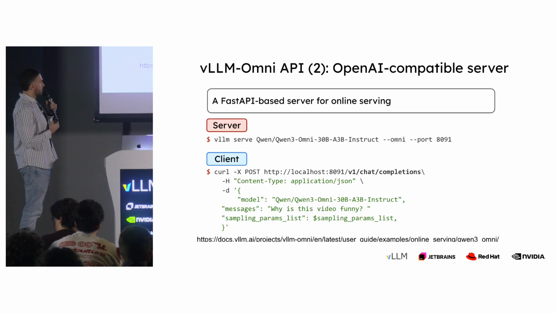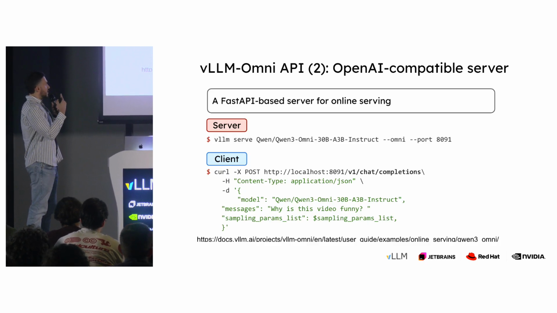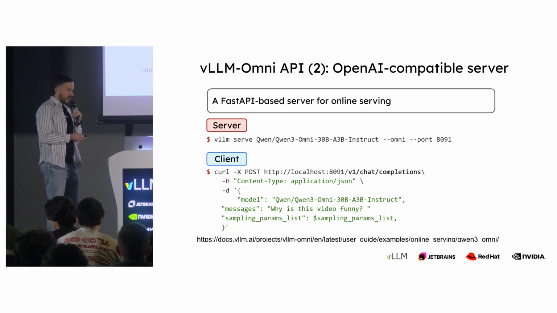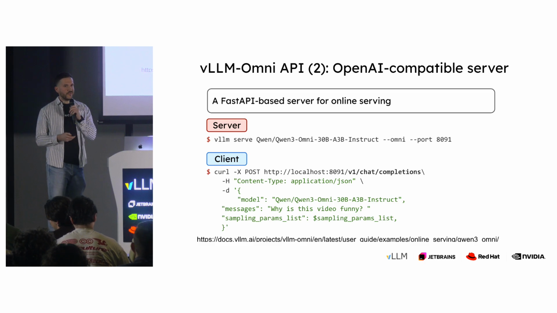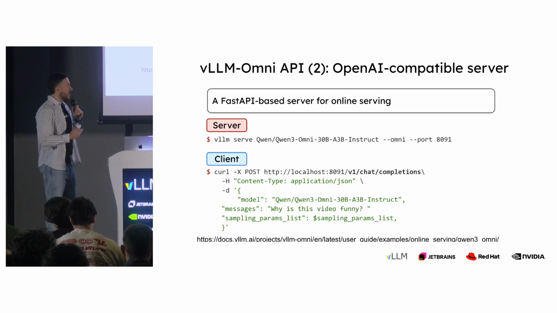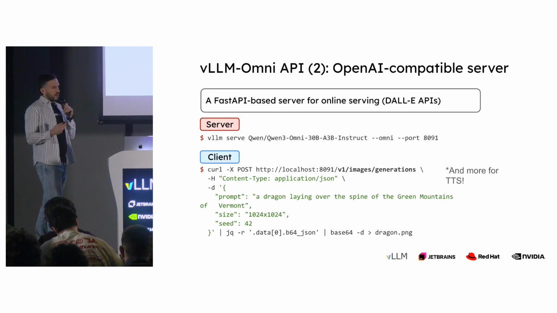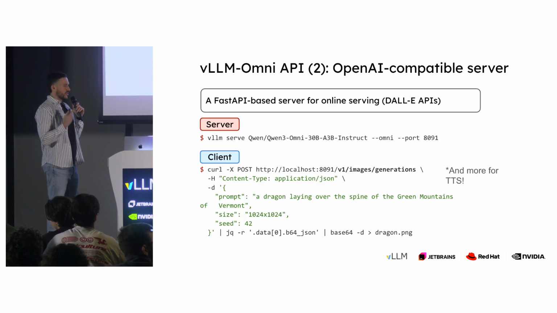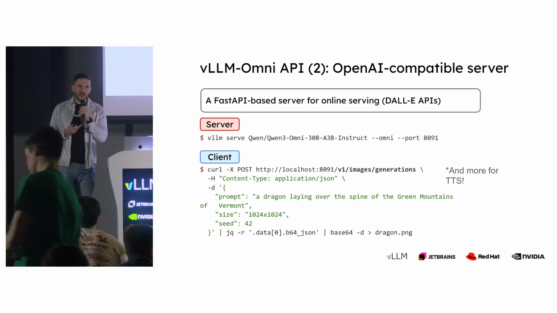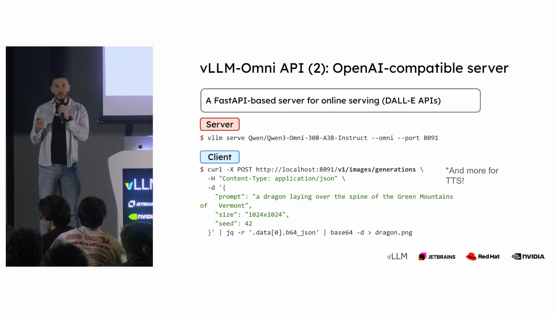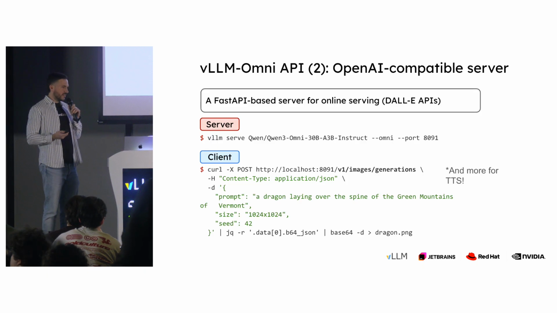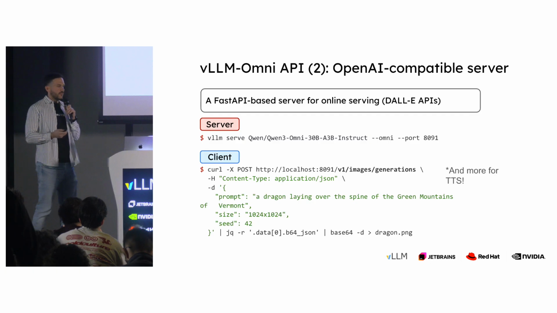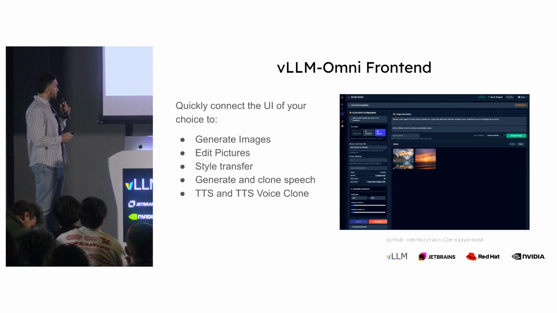Most importantly, I just want to highlight that you can still use the chat completions API for multimodal support that you may have already used with vLLM. But it's obviously extending that with a new set of APIs. For instance, the images generations one is the one that got popularized with the DALL-E model from OpenAI, and a lot more endpoints are available, of course, out of the box in Omni.